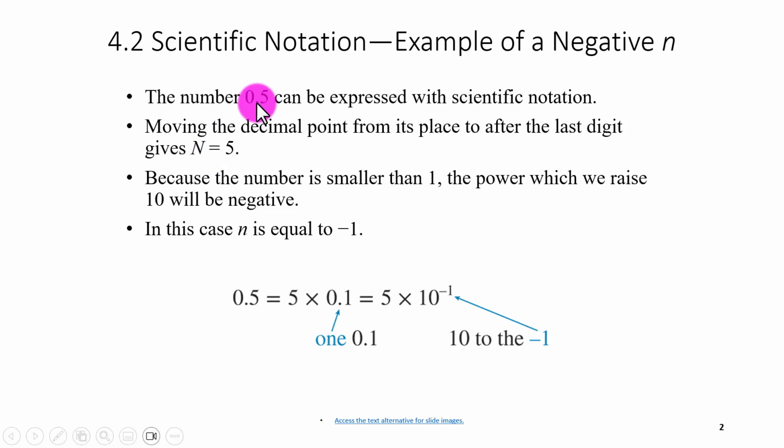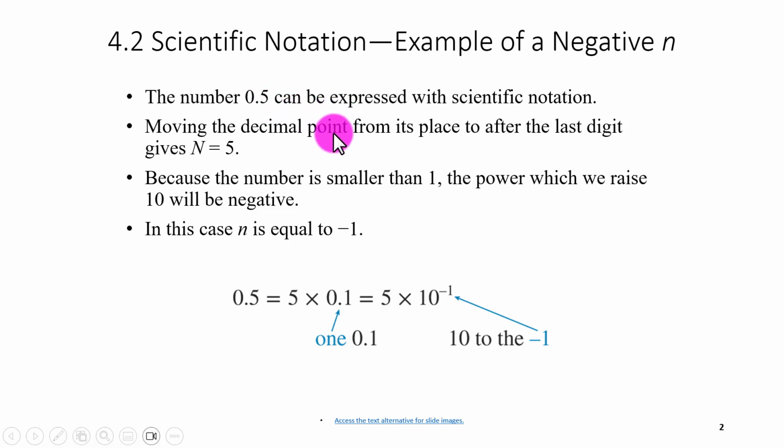The fact that I moved the decimal to the right is going to give me a negative n for the power of 10. And since I only moved it once, my 10 is going to be raised to the power of minus 1. So it's going to be negative, but I only moved it once, so -1. If I moved it twice, it would be 10 to the -2.